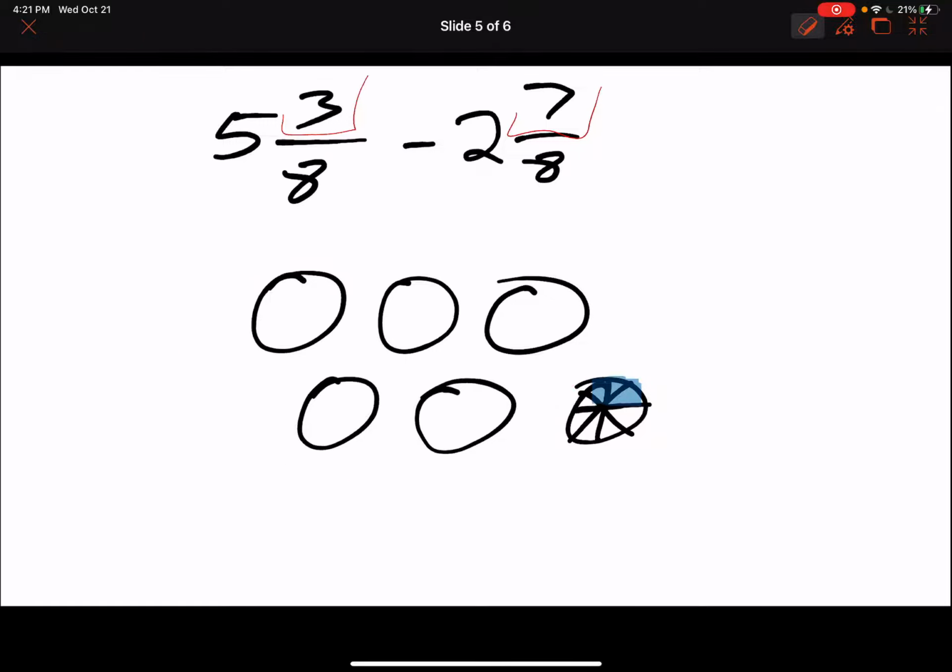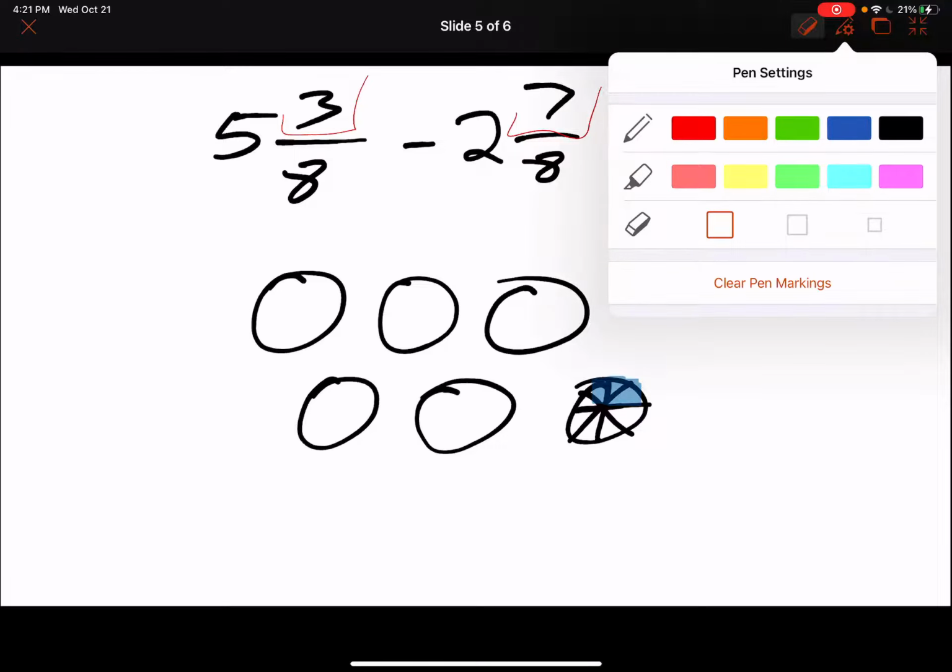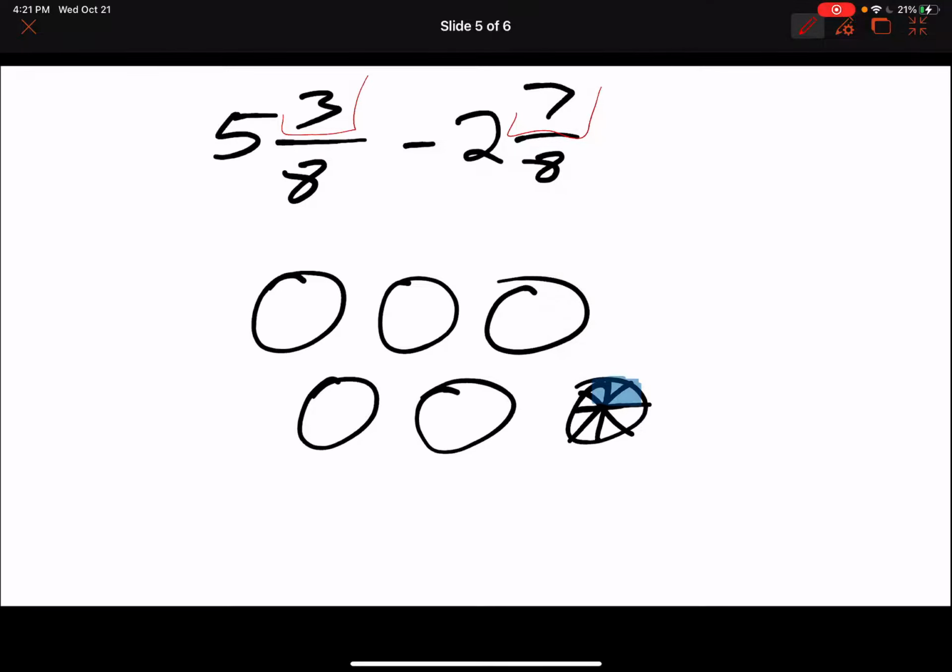And then I'm going to take away the 2 there. But the problem is I need to change this guy up. I need to be able to regroup here. So let's shade this guy in so we make sure we know that this is a shaded guy. All of these are.